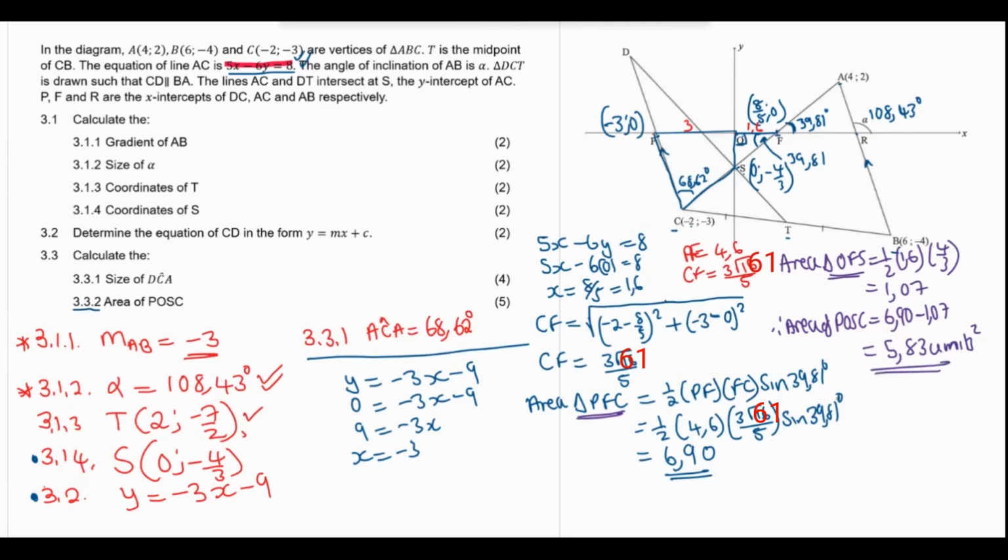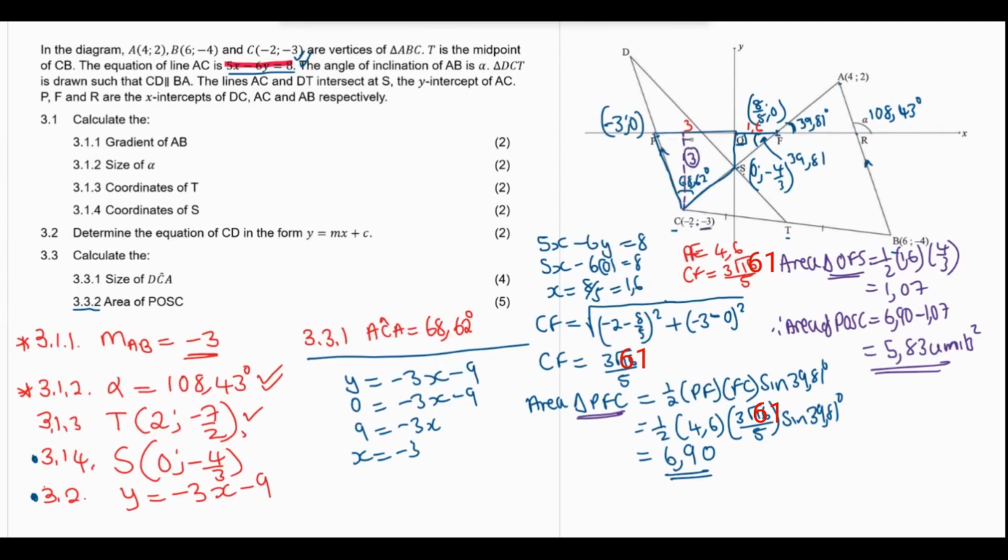Right, the other way we can do this, I'll just explain this. Right, if you check the triangle PFC, this is its perpendicular height, which is going to be from 0 to -3 here, meaning that its perpendicular height is 3 units, because it's from the x-axis up to -3, so it's 3 units.